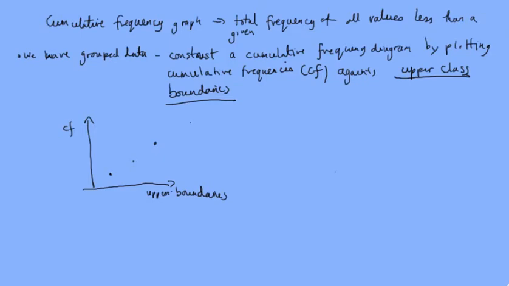Now, you can plot them, we'll use a different colour, by doing straight lines between the different points. These straight line segments give a cumulative frequency polygon.